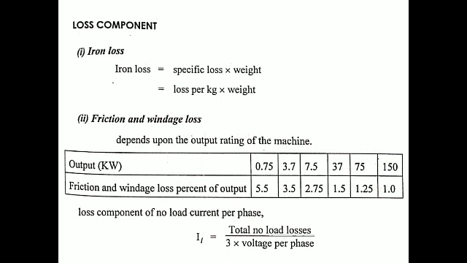The total mmf value is the summation of 5 mmfs: mmf in the air gap, mmf in the rotor teeth, mmf in the stator teeth, mmf in the rotor core, and mmf in the stator core. After finding all of them by clubbing, we can find the total mmf. By finding the total mmf, we can find the magnetizing current. Then for the loss component, the total no load losses divided by 3 times voltage per phase is required. That's all. After finding these two things, we can easily predict the operating characteristics of an induction machine.